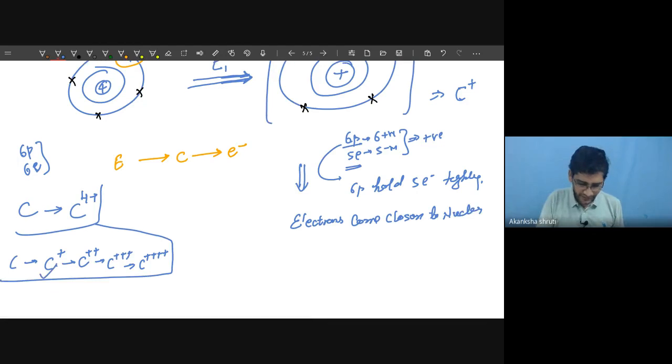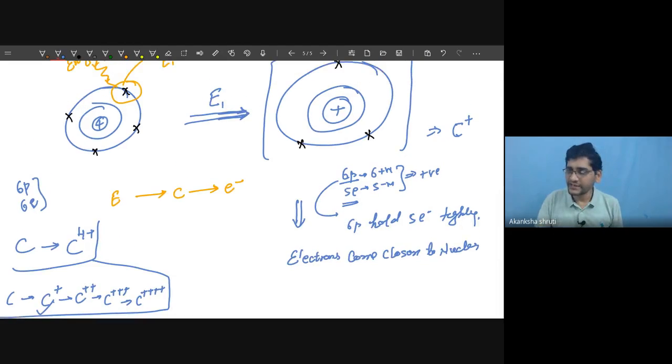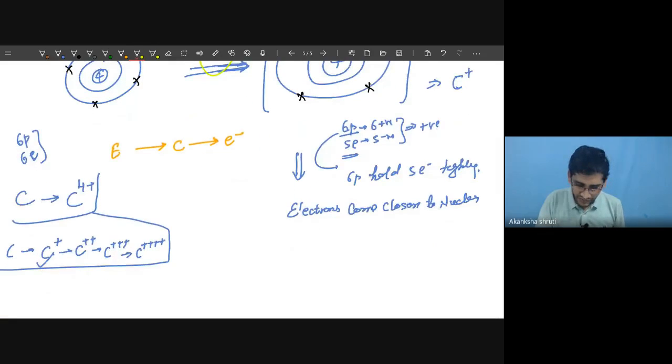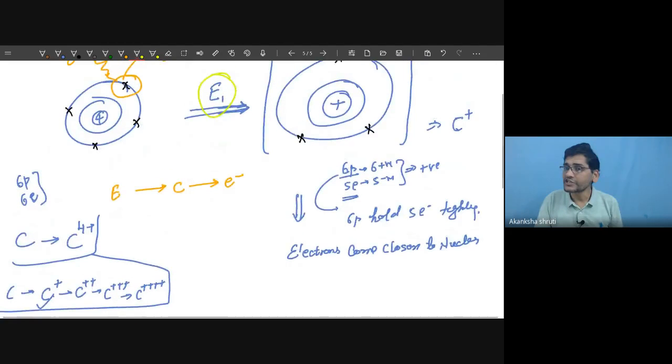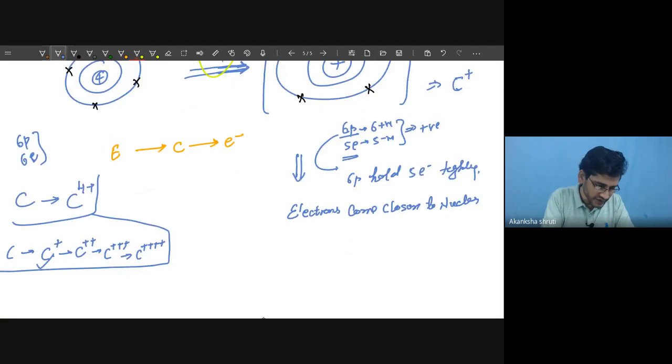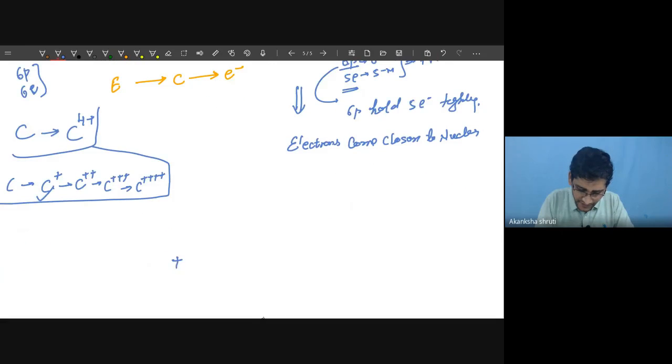Say up to this much we have done. The energy requirement was E1, and here we have marked this as E1. Now from C plus to C double plus, how much energy is required? That we will try to understand. Now see, students, we have this C plus, like this one.